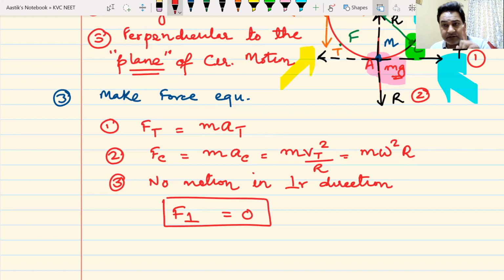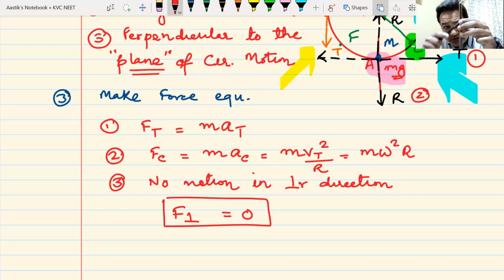Whatever force is acting, if this is the perpendicular direction, if I take this plane, this is the perpendicular direction. Whatever forces are acting in this direction, same force must act in this direction. If circular motion is happening like this, whatever forces are acting in the upward direction, same force must act in the downward direction, because there is nothing happening in this direction.